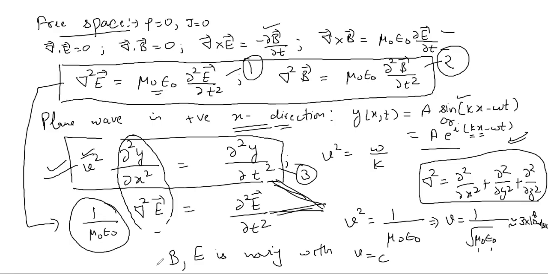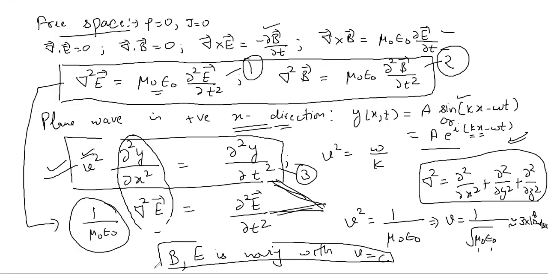We have proved that your electric field will travel with the speed of light, your magnetic field will travel with the speed of light, and if your electromagnetic waves are made up of oscillating electric field and magnetic field, then your electromagnetic waves also have to travel with the speed of light. So this is the proof for the velocity being equal to c for electromagnetic waves.